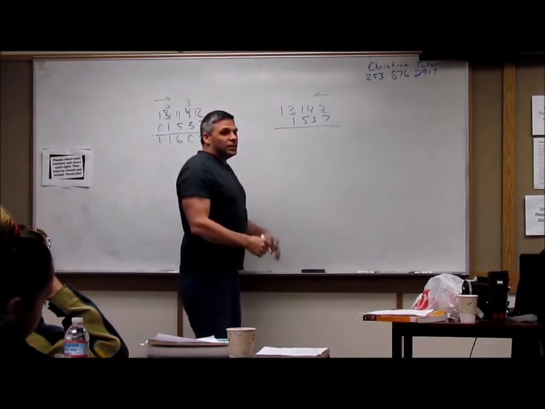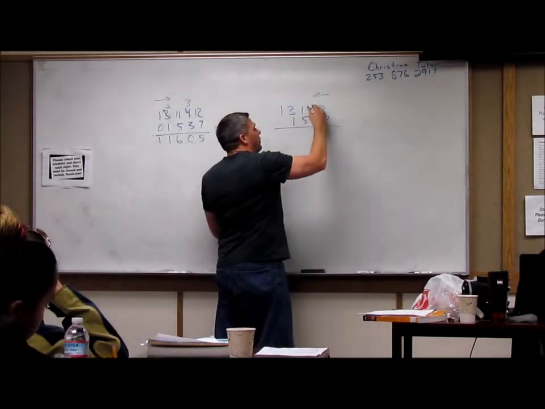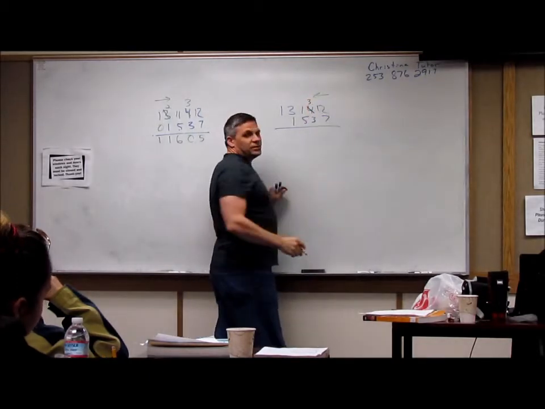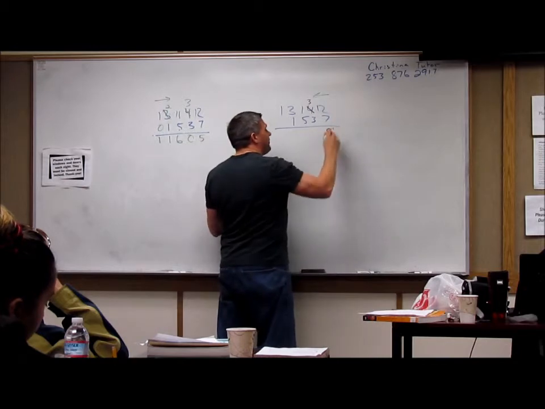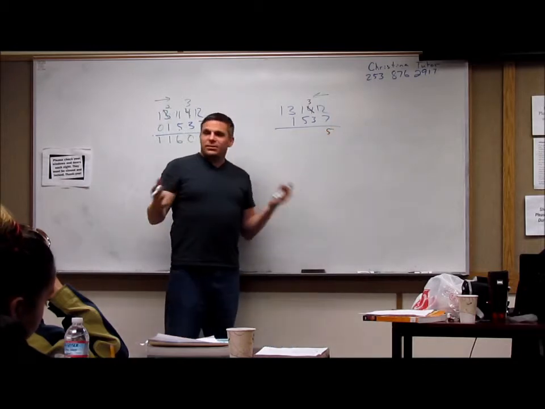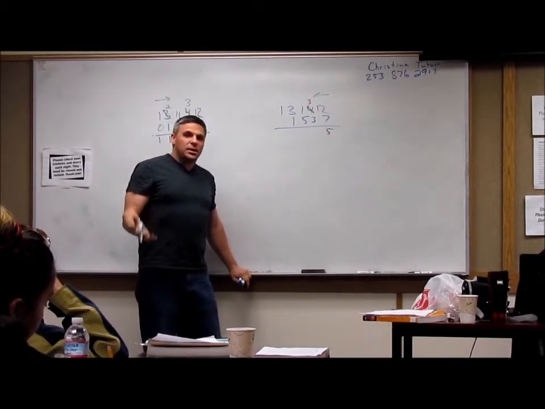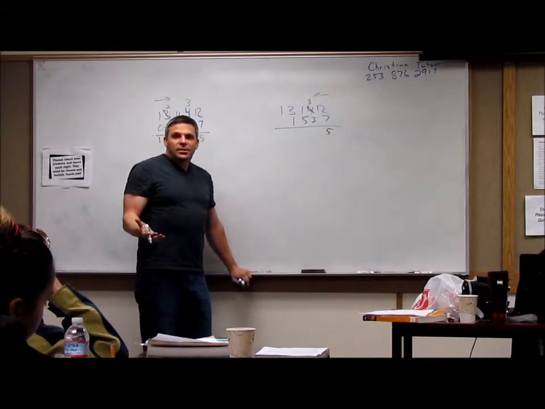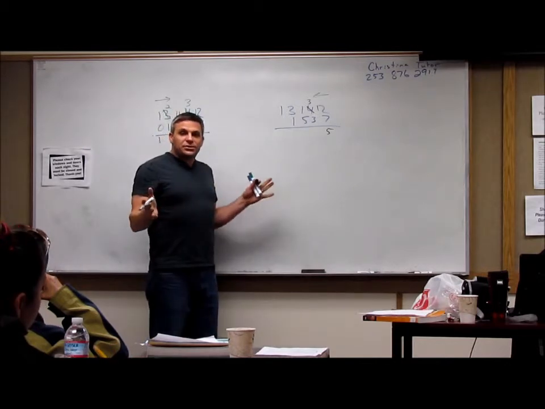Here, I got to borrow the 1, so that's 3 and that's 1. So I'm still getting my 5, but does it tell me that I'm anywhere near an estimate? No, it's telling me 5. Doesn't give me anywhere close to an estimate.